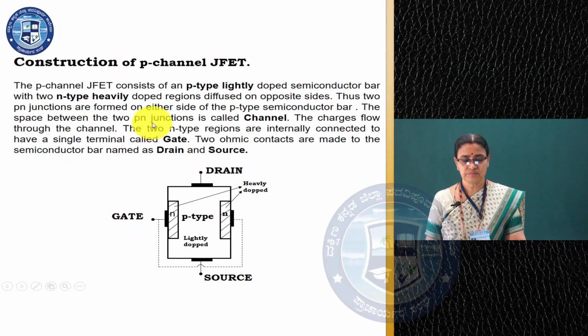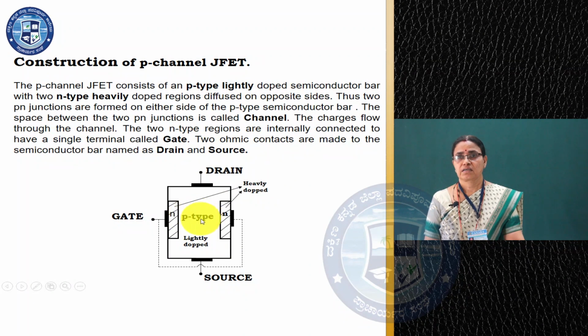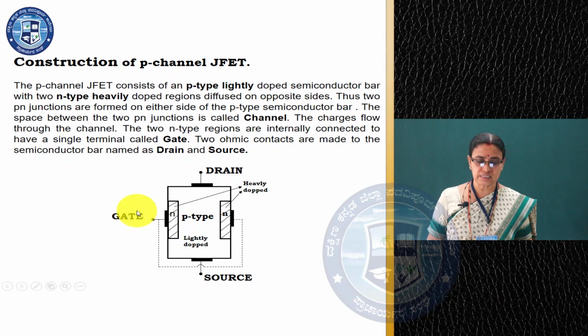So you can remember easily, P type material here is lightly doped, and the 2 N type materials diffused into the P type material are heavily doped. These 2 N type materials are connected to one terminal, that is the gate.